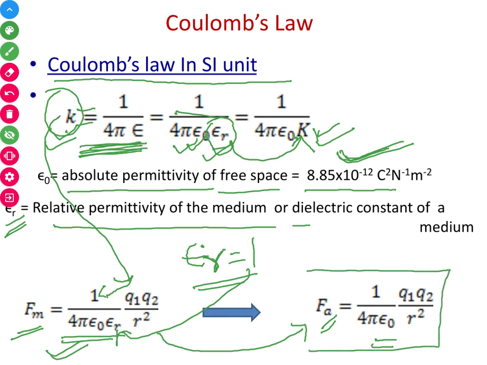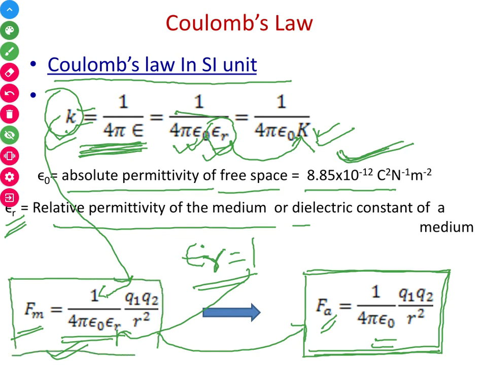This is the expression of the electrostatic force between the two charges when they are placed in air, and in any other medium the expression is Fm is equal to 1 upon 4 pi epsilon naught epsilon r into q1 q2 upon r square.